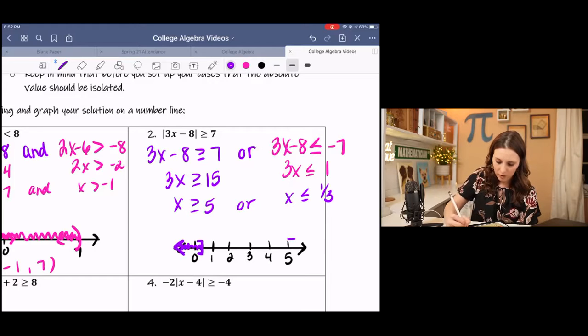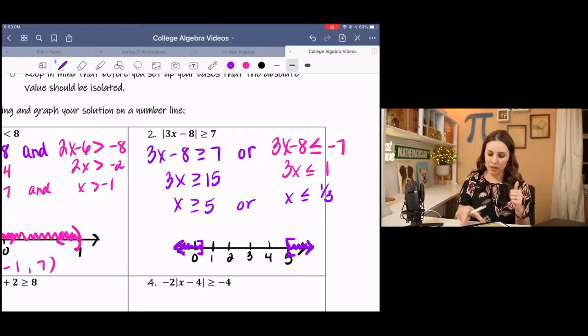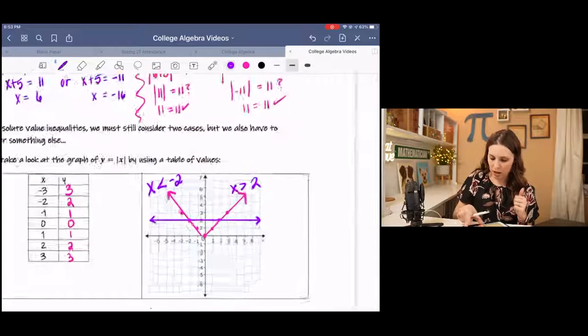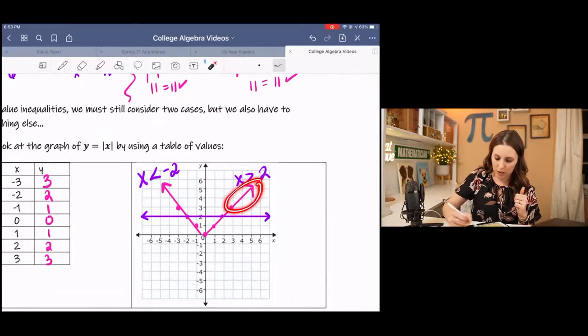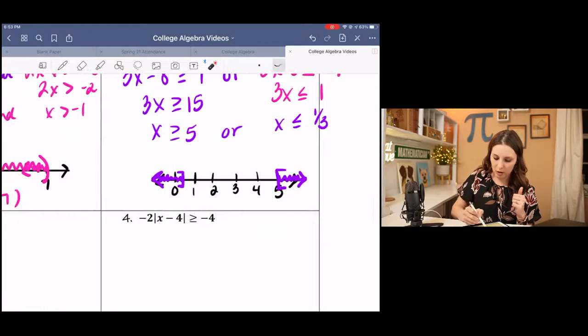And a bracket on 5, greater than or equal to. So there are those two separate pieces like I showed on this page, separated by or. So you can see hopefully how they're relating.